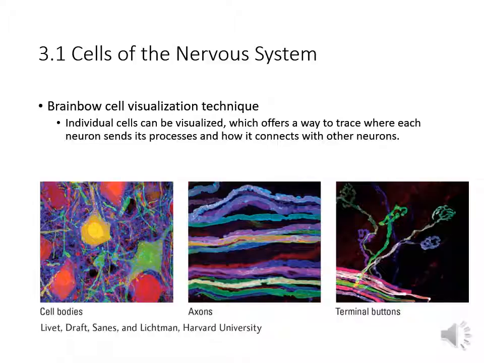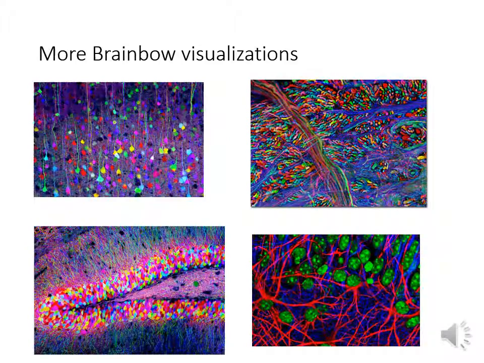So all the neurons with a specific function or type might be colored yellow, all the neurons of another type are colored green, and it makes these really beautiful pictures that are also functional in that they show us how neurons are related to each other. And here are some more visualizations showing possibly some white matter tracts up here on the top right, and then a bunch of somas, a bunch of neuron bodies, over here.